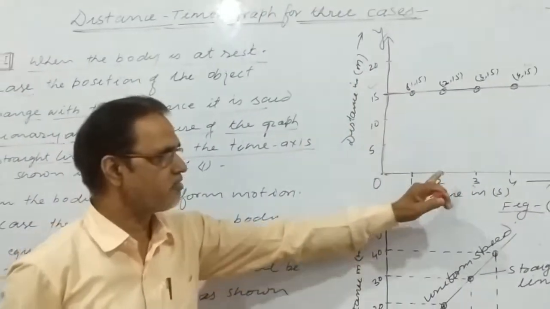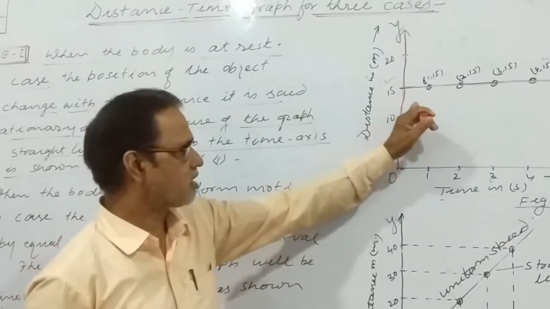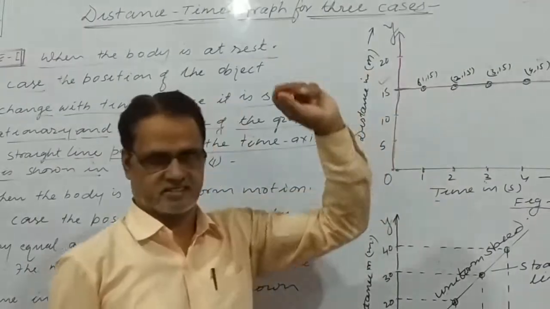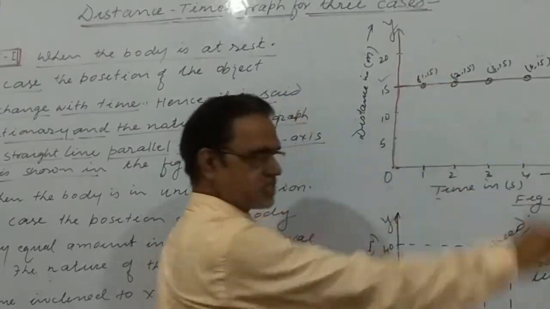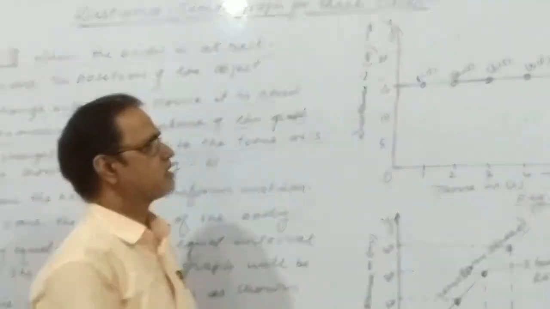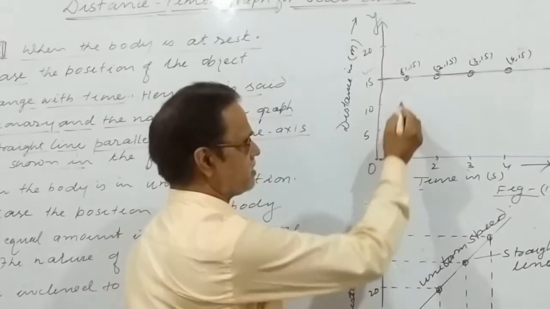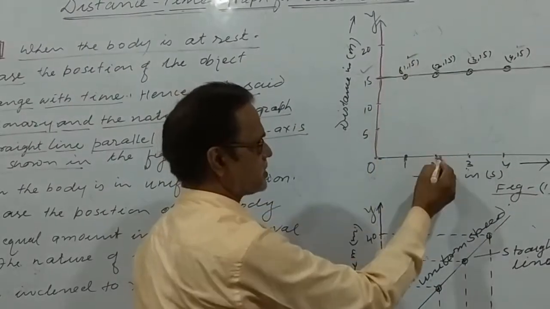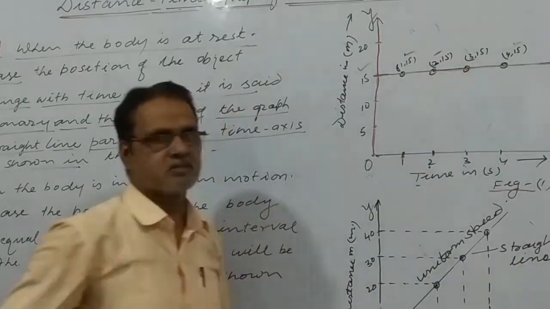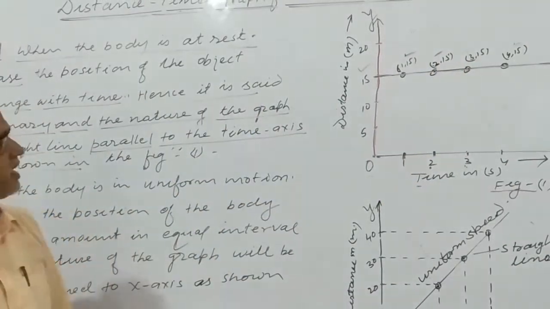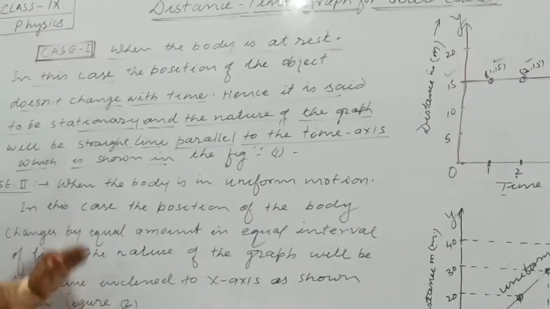In each and every second, the body covers equal distance. Understanding? यहाँ पर 15 मीटर ही कवर करता है, same distance. In the first second, the body covers 15 meter. In 2 seconds, it is also 15 meter. Means the distance does not change. Understanding? Position of the body does not change.